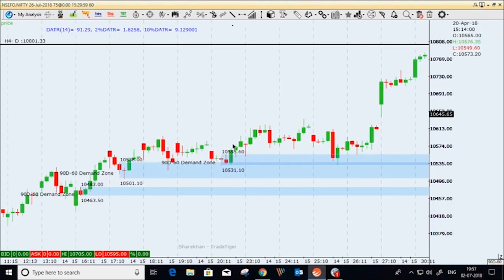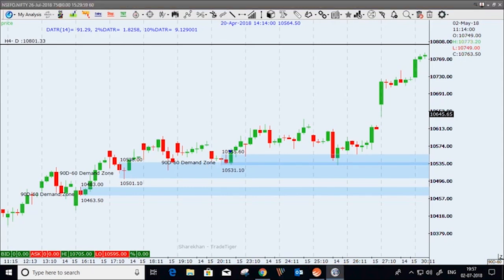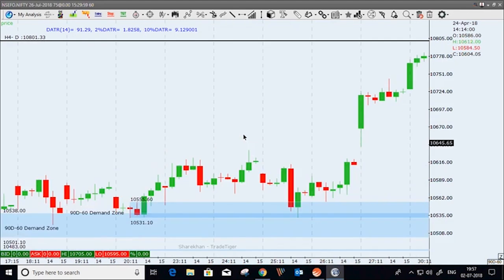Drop base rally, right? So what kind of a zone is this one? Here we can see the base candle of this drop base rally is touching the base candle of this zone. So yes, this is a reactionary zone.